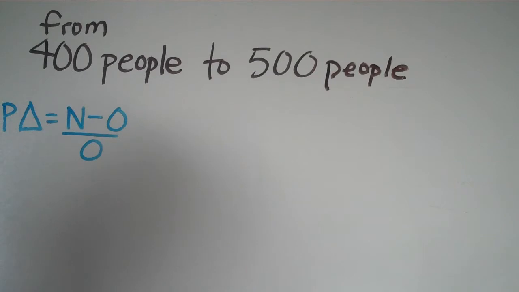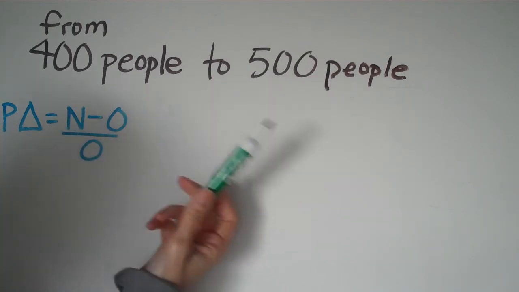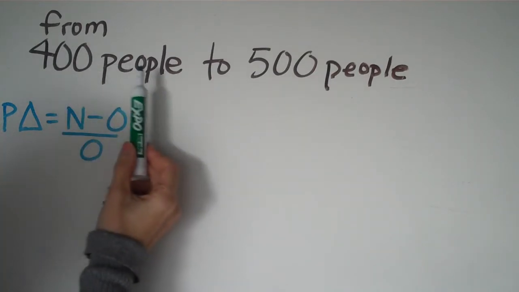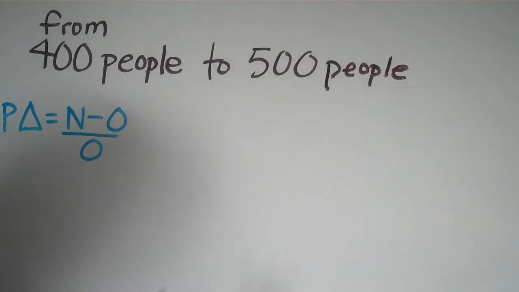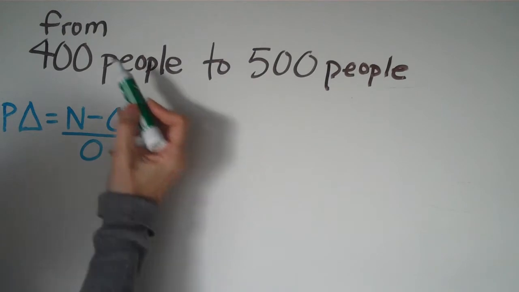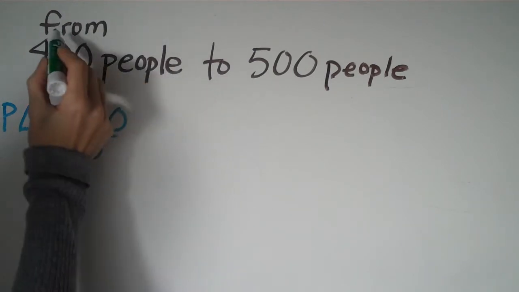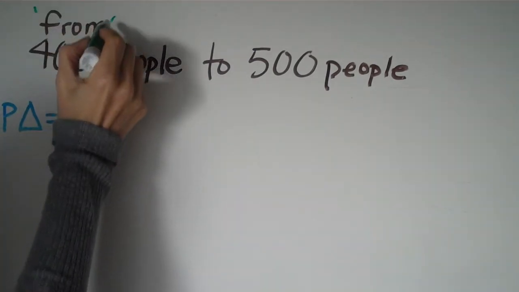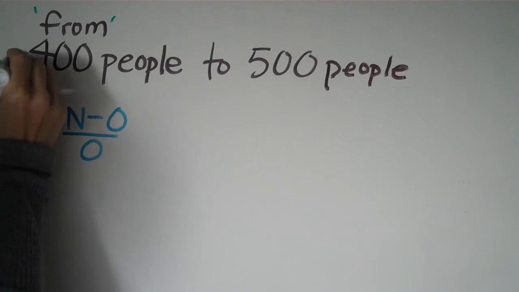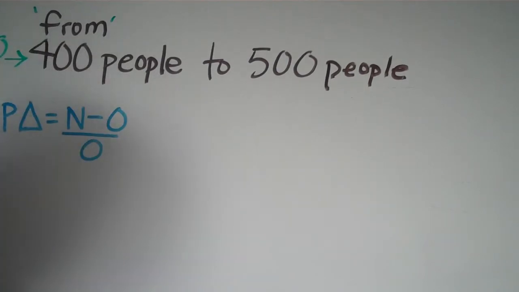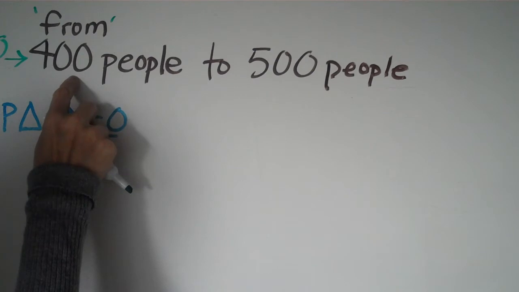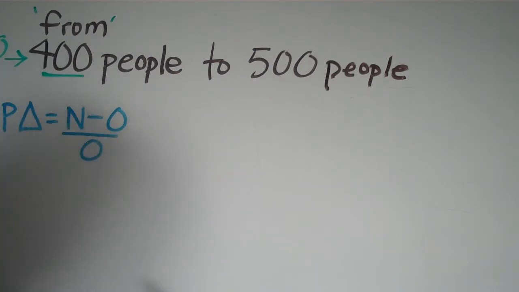Let's say the problem says we went from 400 people to 500 people. So "from" would be key to signify the original number right here. So this would be our O. Okay, so we went from 400, okay?